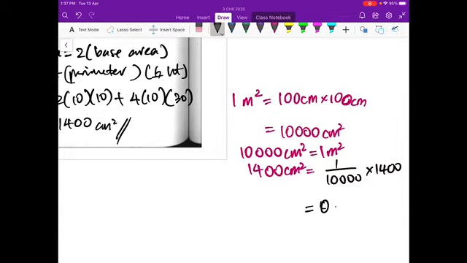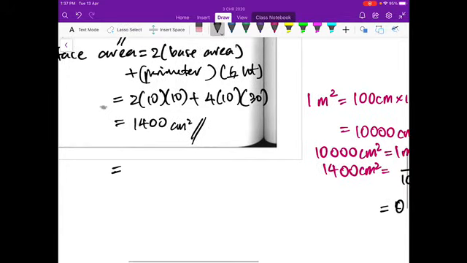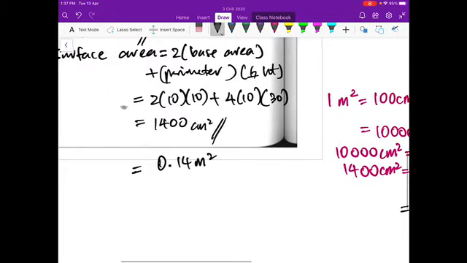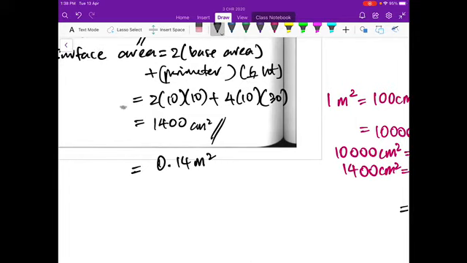It's 0.14. So here you just divide by 100 squared, and you can get the answer already.